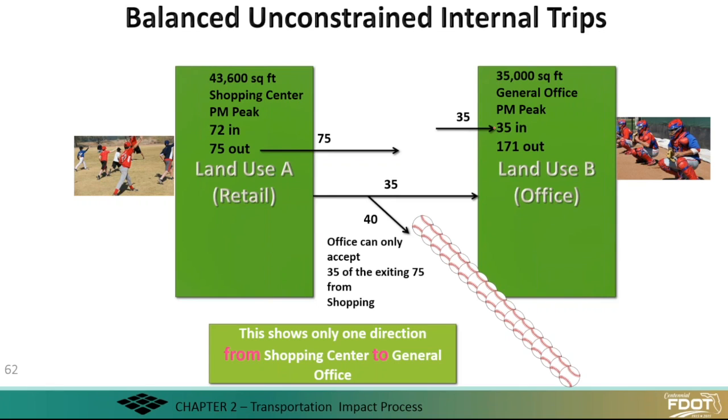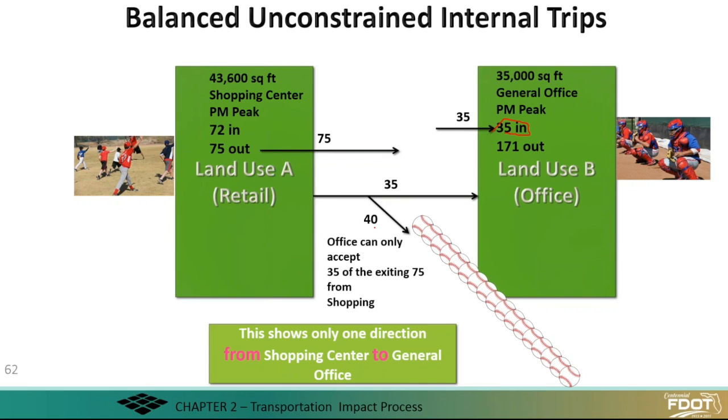So even if 100% of the ins, my drawing is horrible, come from land use A, then only 35 of these 75 can make it.